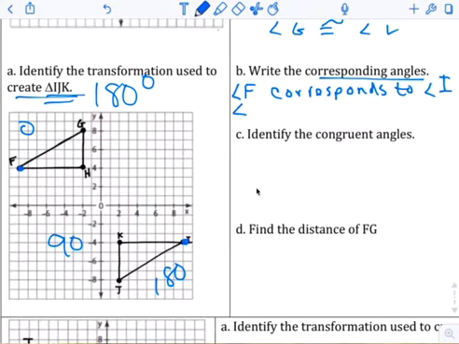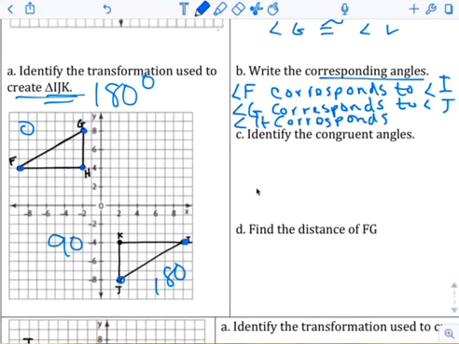Angle G corresponds to angle J. Write this each time, this is the first time you've heard this word. Angle H corresponds to angle K.